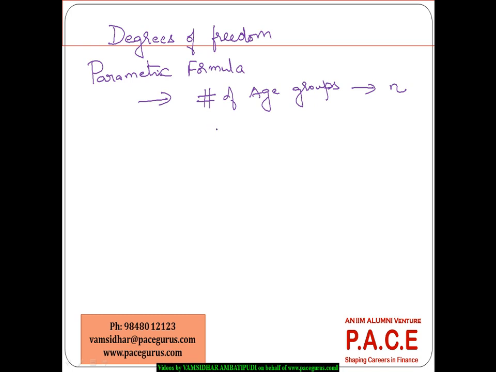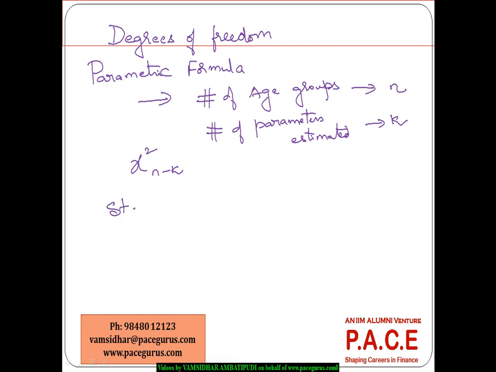But depending on the number of parameters that you have estimated, let's say if I am calling it k, then the degrees of freedom which you use for the chi-square test is n minus k degrees of freedom, to really say whether the graduated rates are more or less a reflection of the observed rates or not. So that is what we do in the case of a parametric formula kind of an approach.